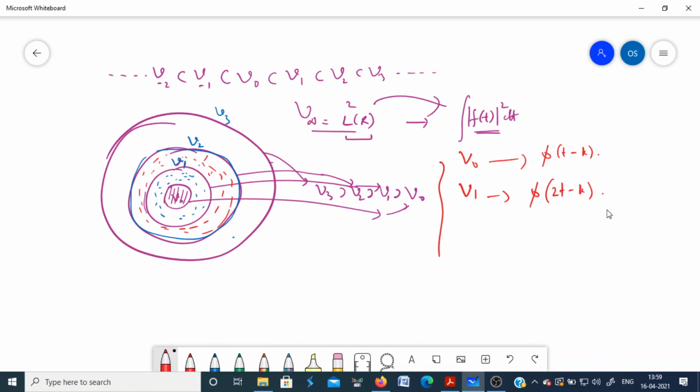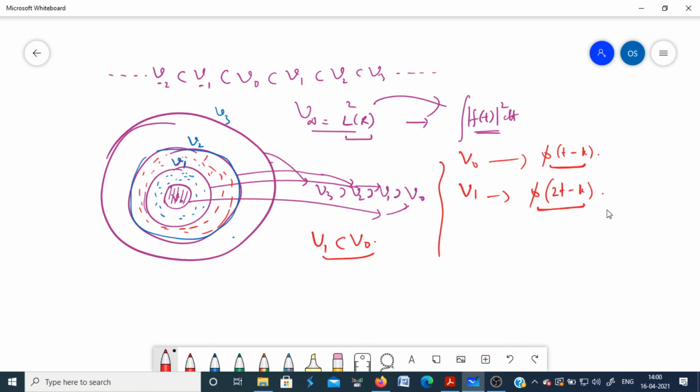Now since V0 is a subset of V1, what it means actually is that phi t itself, this function phi t, can be generated from phi 2t minus k.